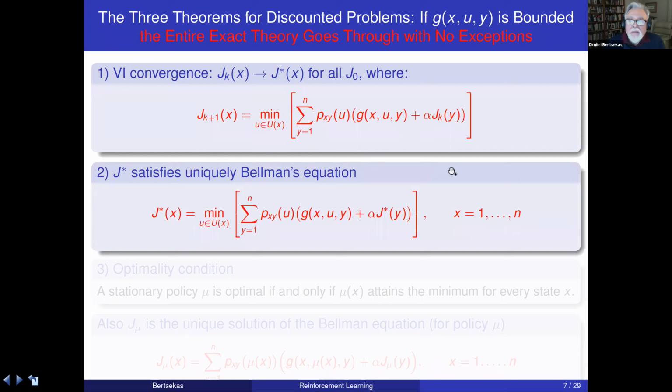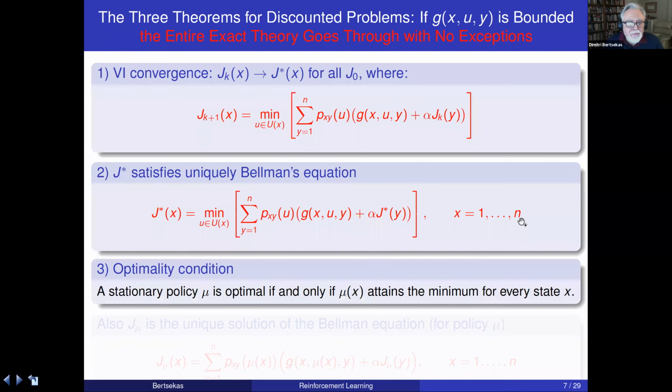Okay, Bellman's equation. This is the equation, and the theory says that you can expect that J star solves this Bellman's equation. And in the case of discounted problems, this is the unique solution. J star is the unique solution of this Bellman equation. So that's a nice thing.